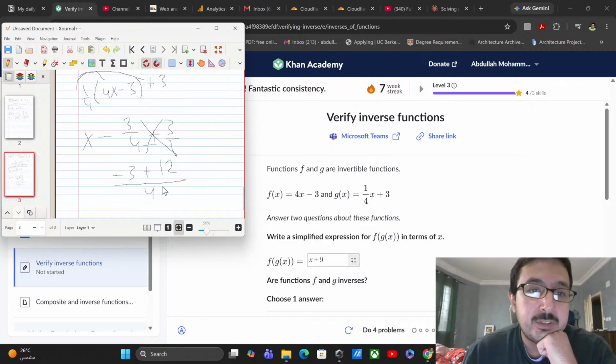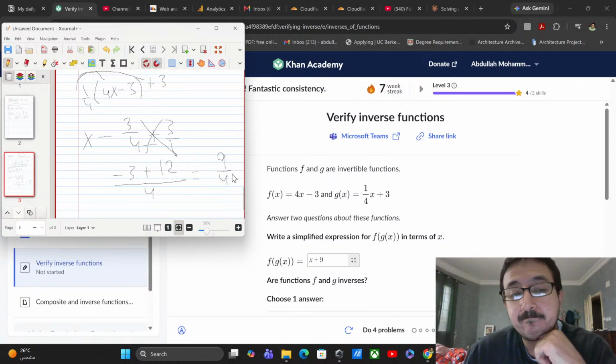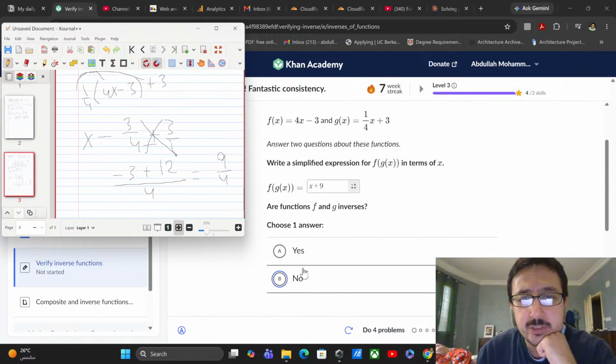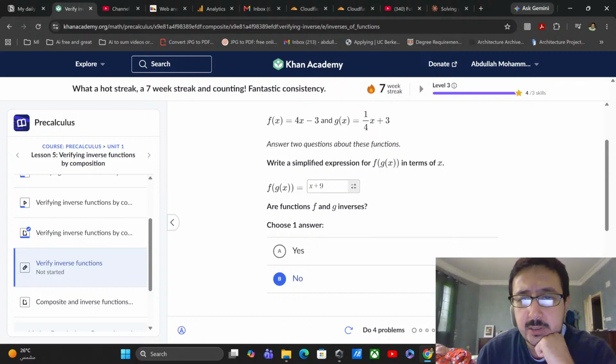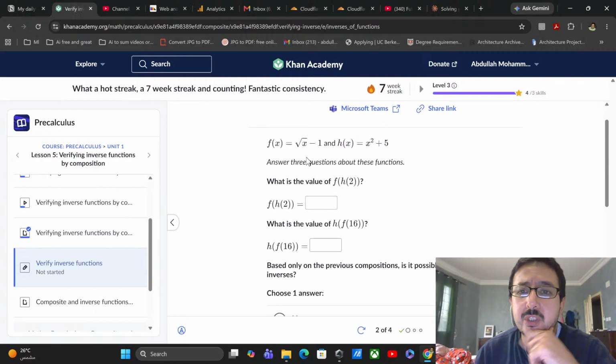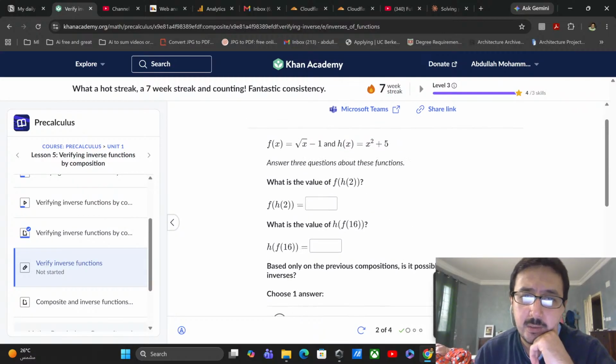So I get minus 3 plus 12, which is equal to 9 over 4, which I really can't do anything about. 9 over 4, so it's not an inverse. Check. Okay. Answer the 3 questions about these functions.